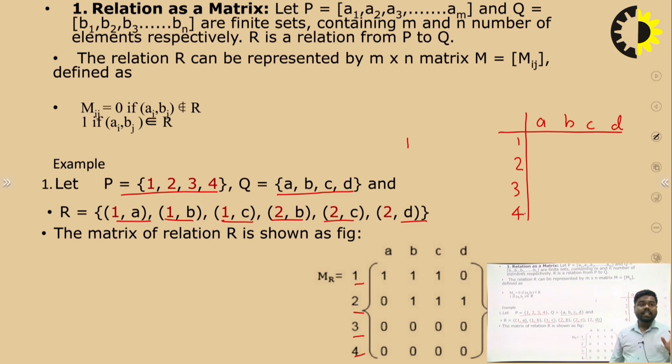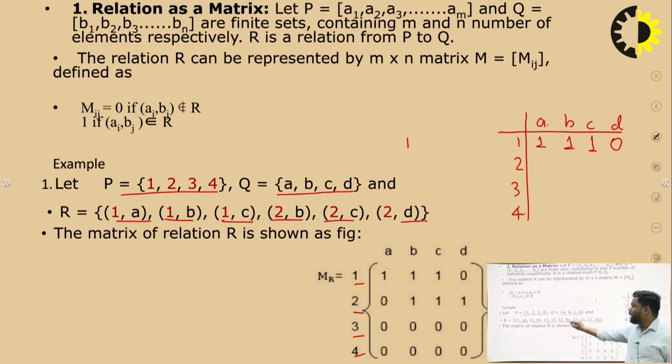Now for each pair in the relation, we mark 1, otherwise we mark 0. The relation has 1A, so we mark 1 there, 1B is 1, 1C is 1, and 1D is not present in the relation, so we mark 0.